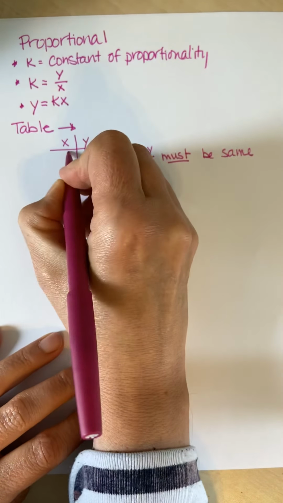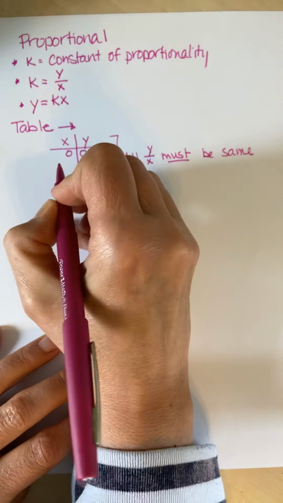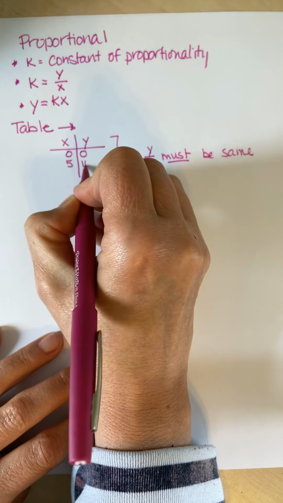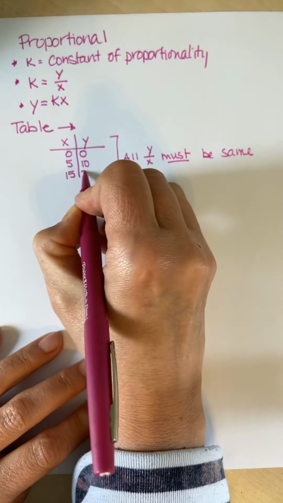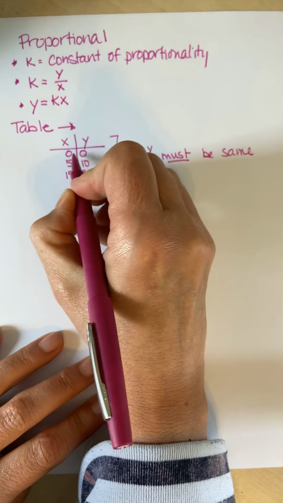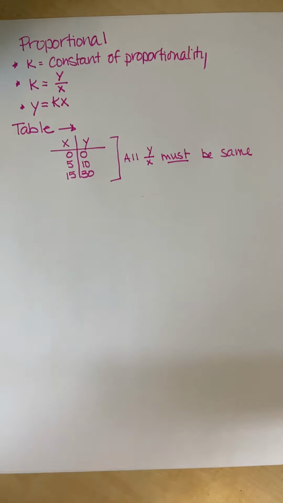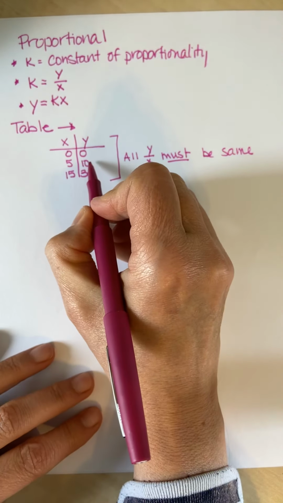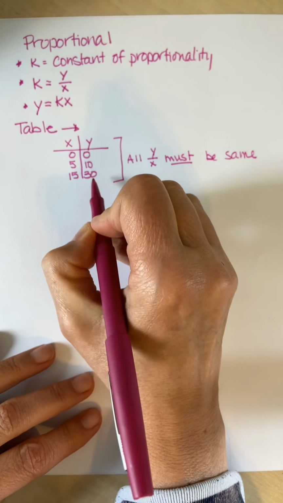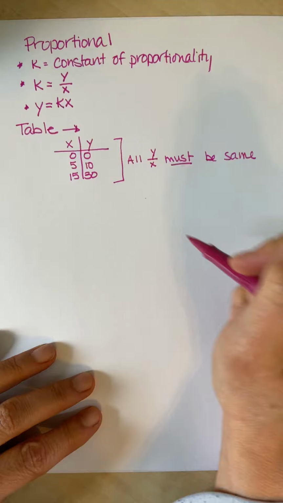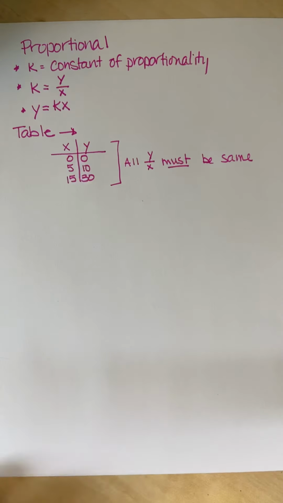So if this is 0, 0, okay? If this is 5 and this is 10 and this is 15 and this is 30, my 0, 0 is not going to count, and you can't use the 0, 0 because you can't divide by 0. But I would check every other one. Is 10 over 5 equal to 30 over 15, okay? And every other one down there, they all have to reduce to the same thing.